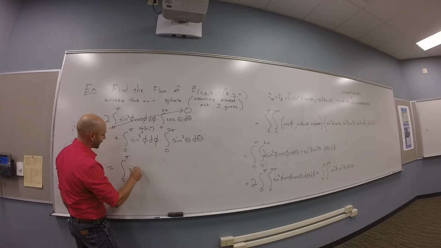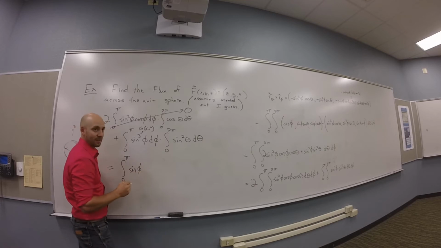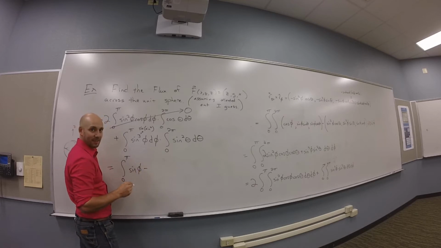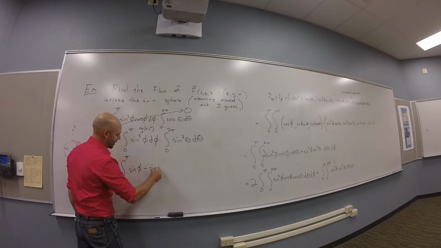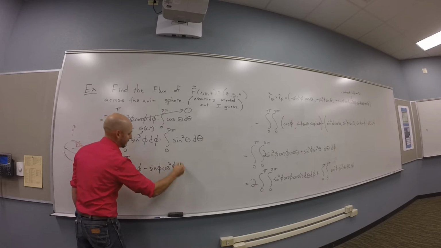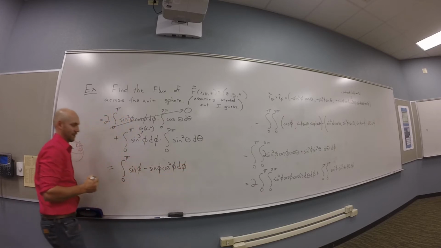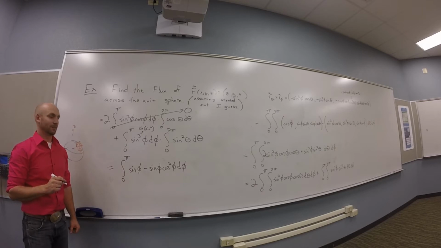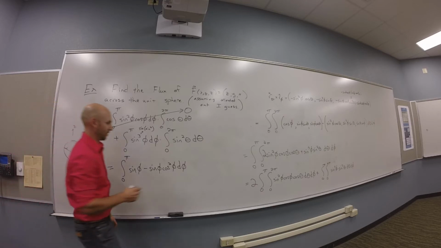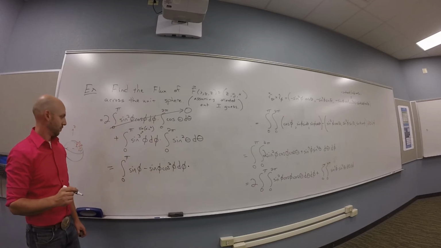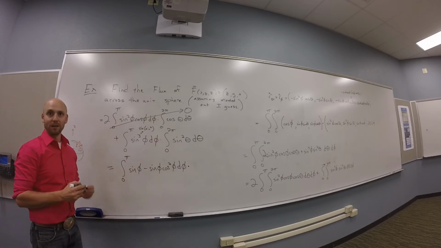So that would be the integral of sine of phi minus sine of phi cosine squared of phi d phi. You guys with me on that? Cool. That's just the Pythagorean identity.